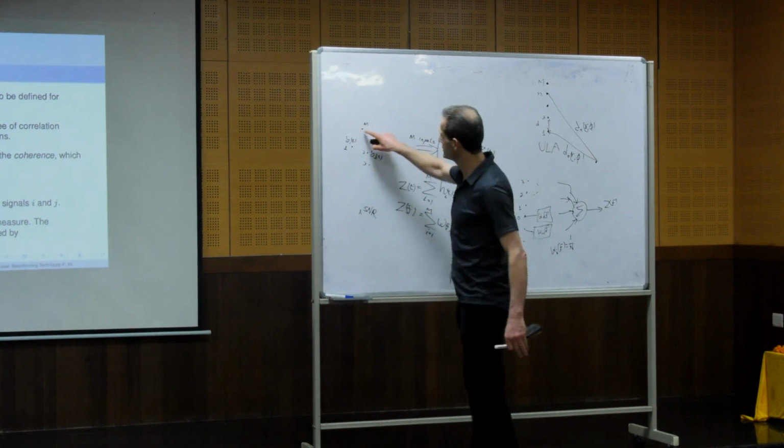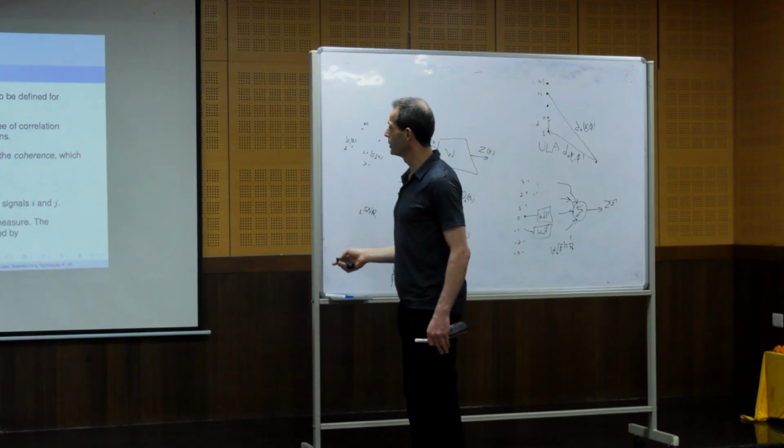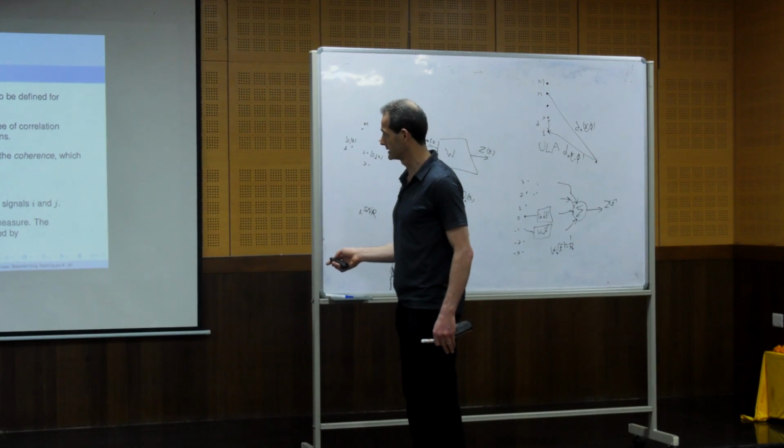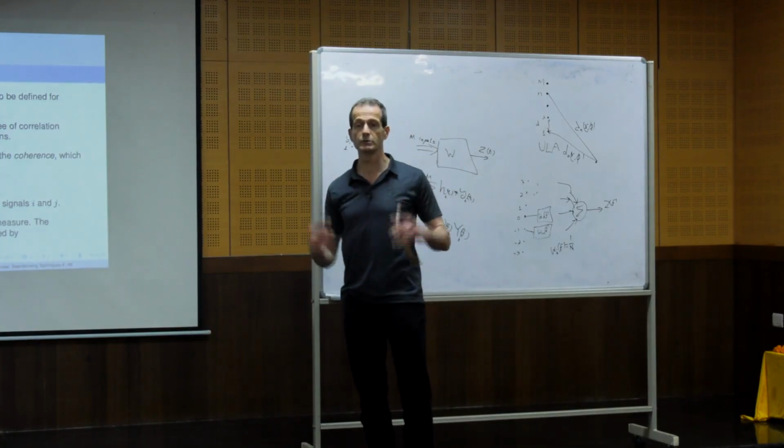Suppose that we have any two sensors, sensor I and sensor J. Here we have the cross-spectral density between the noise signals in the two sensors, and we normalize it by the square root of the autospectral density of the noise received in sensor I and the spectral density of the noise received in sensor J. This is the definition of coherence of signals between two sensors.